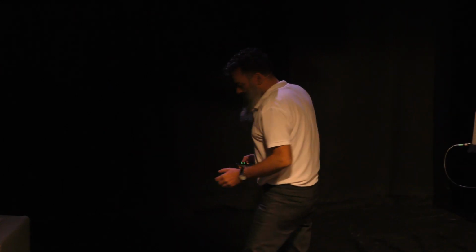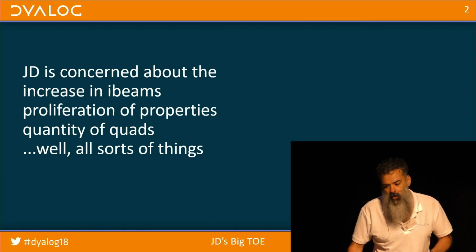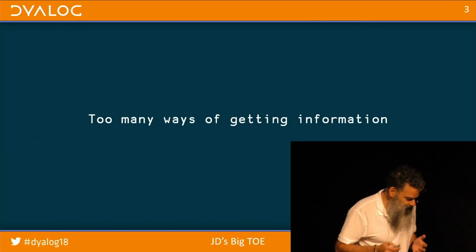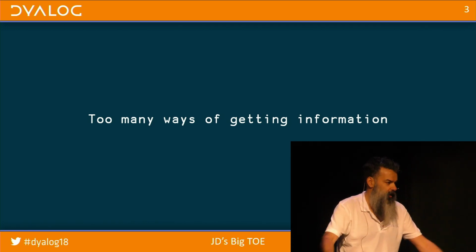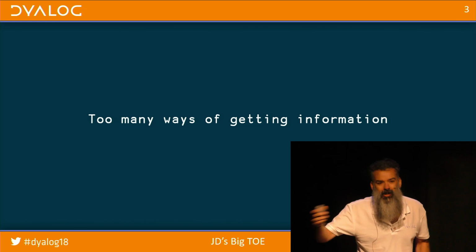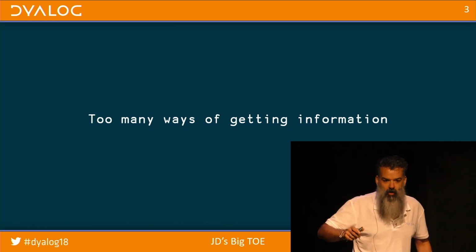But over the past years, I've been concerned about the growth of a number of things in the interpreter, particularly things that are about providing information about your program or the environment or the development environment. Generally, the language is good. We're putting in primitives and operators, and your program runs well.